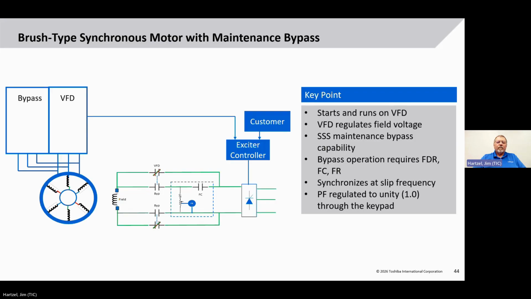Remember, on the drive, we are going to apply the field directly with no control, and then we will control the field current with the drive. But if it's on bypass, which would be across the line, we have to have the field discharge resistor, the FR relay, the field contactor. So we would have to put in a relay that you would use to select between VFD mode and bypass mode. So that is also something that we can do.